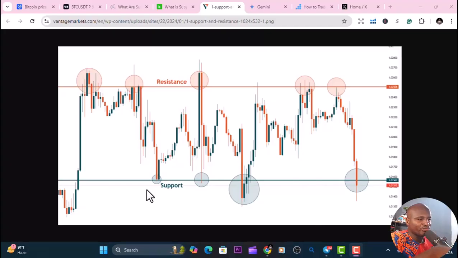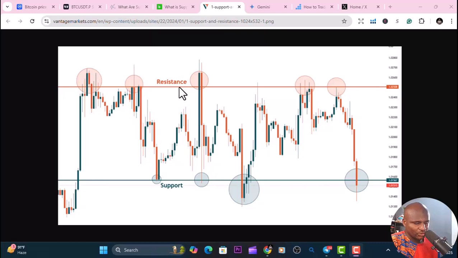It stops moving down, and it is willing to move up again. At this point also, you see the same thing occurred, whereby it tried to break below here, and it still bounced back. So at any point in time, when the price gets here, the price will always find comfort, and that is what we call support.